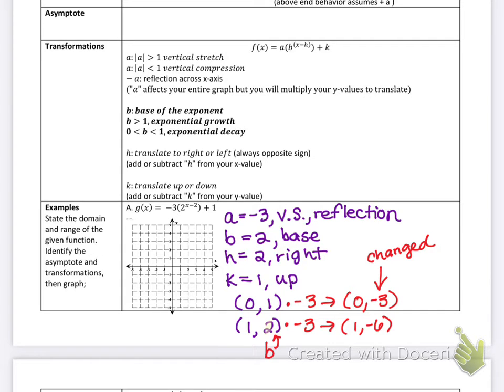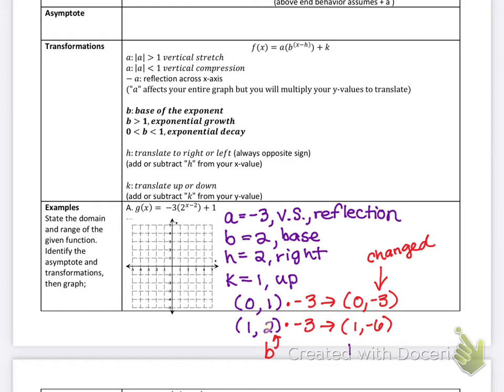And then what we do is we're going to manipulate the points using our h and our k. So h affects the x values and k affects the y values. So again, think of it like this. H moves right or left. What axis is right or left? X. K moves up or down. What axis moves up or down?